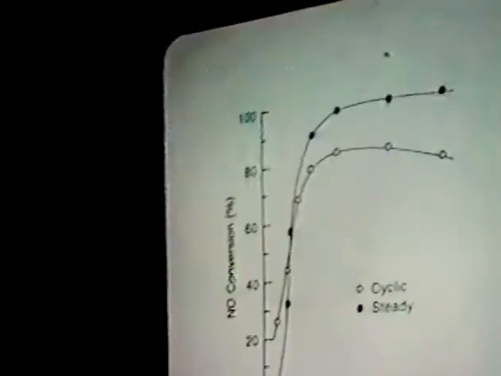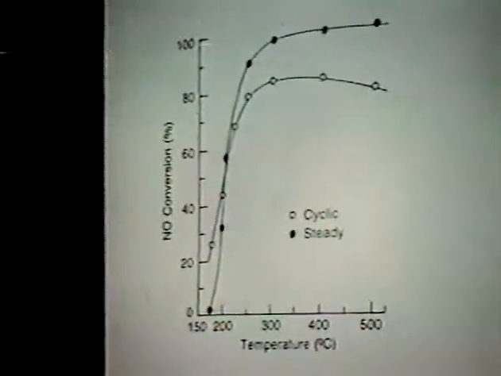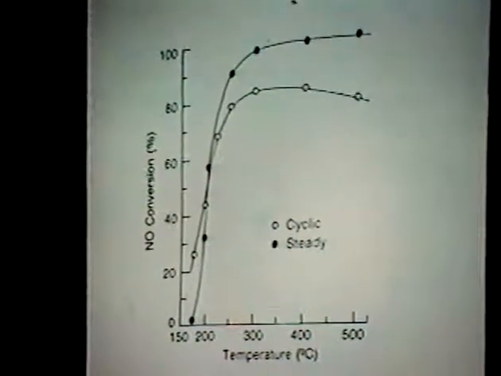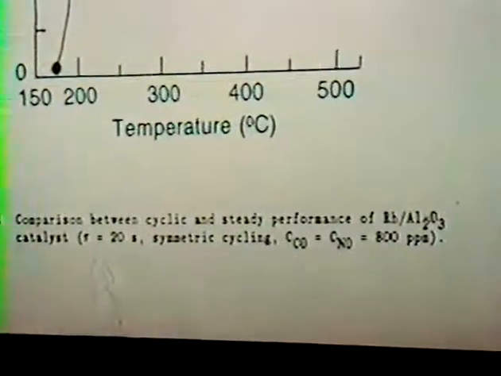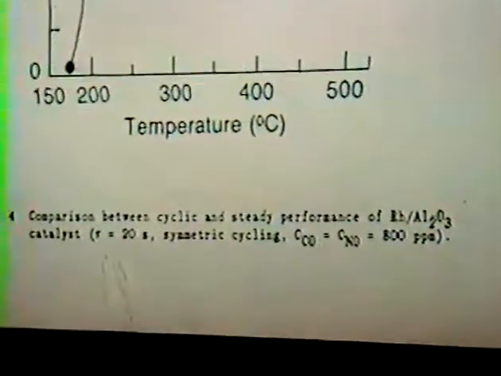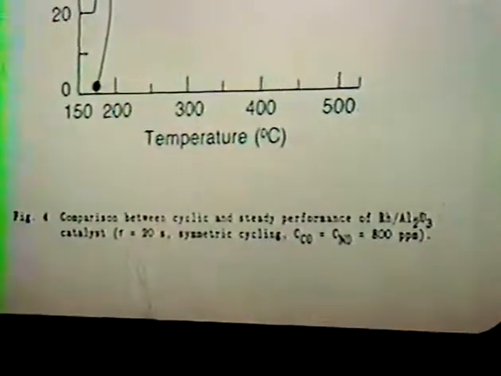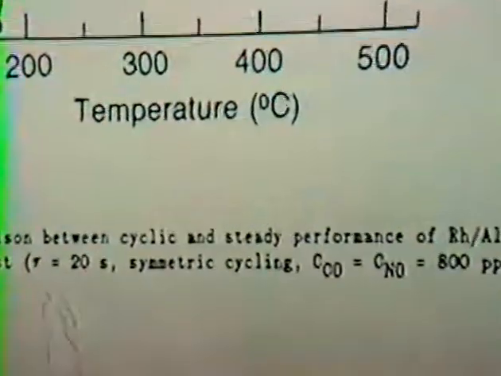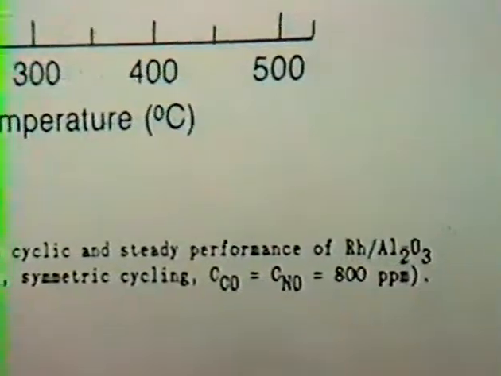Now, changing the subject a little bit, we compare the cyclic operational performance with the steady state performance of the catalyst. As we already published about the characteristic performance of cyclic and steady operation, we observed the same trend.